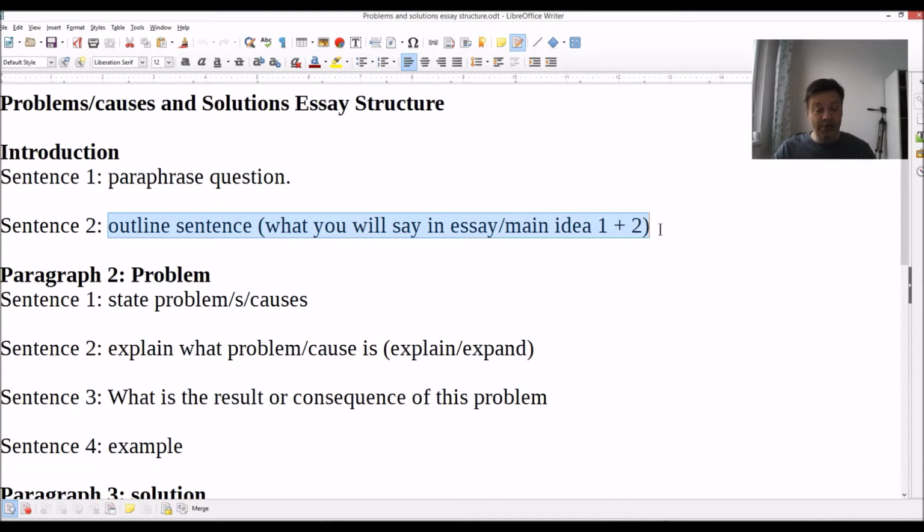This essay will show, or this essay argues that, or this essay believes the problem is. So if it doesn't say, you don't have to include it. So that's the introduction. Paraphrase, and we need an outline.